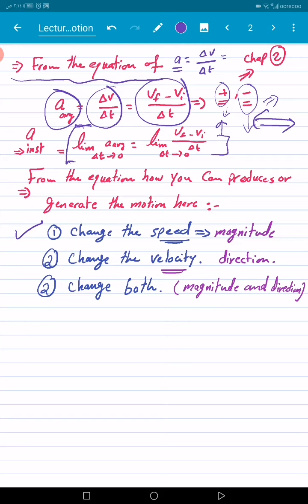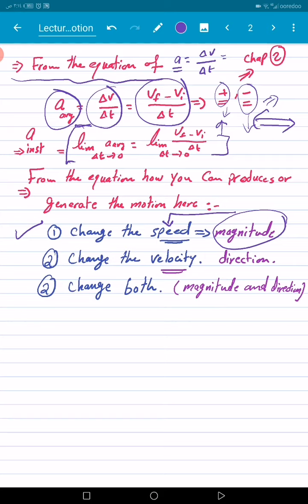Number 1, change the magnitude. What is the change of the magnitude? It means change the speed, from the key of the fan or from the source of the thing that you want to rotate, or make a harder force so it rotates more.